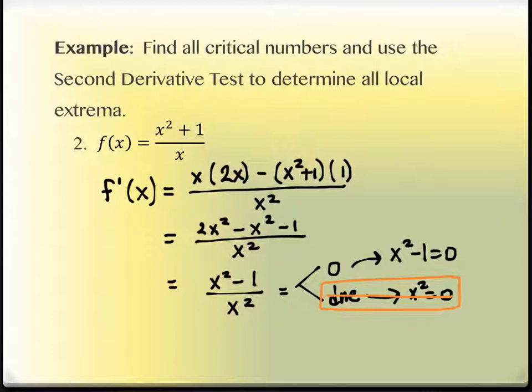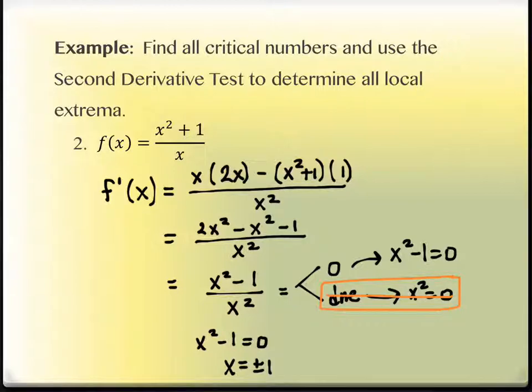So let's take a look at x squared minus 1, which looks like something I've already dealt with in the last problem, or last section of problems somewhere. What are my x values? Plus or minus 1. So I have two critical points, x equals 1 and x equals negative 1.